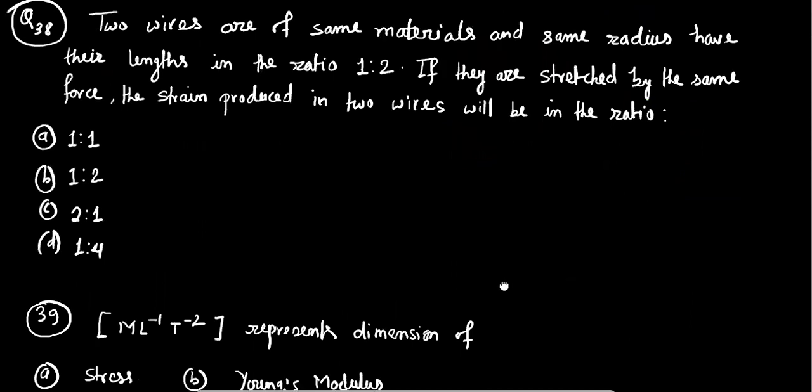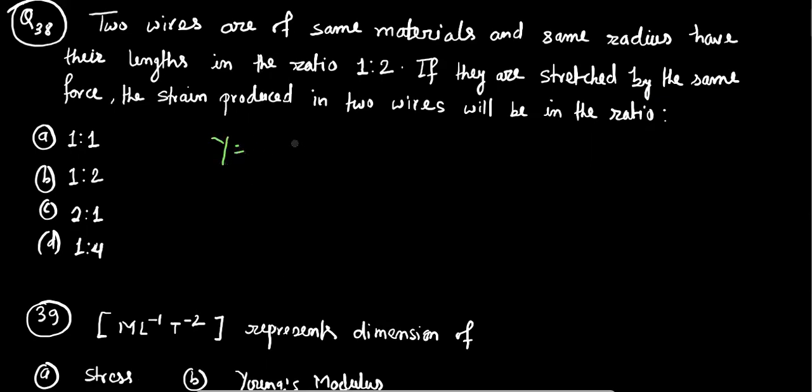Okay. Now we are going to discuss question 38. Two wires of same material and same radius have their lengths in the ratio 1:2. If they are stretched by the same force, the strain produced in the two wires will be in the ratio? Okay, so let us develop one particular relation and then we can confirm our answer here.